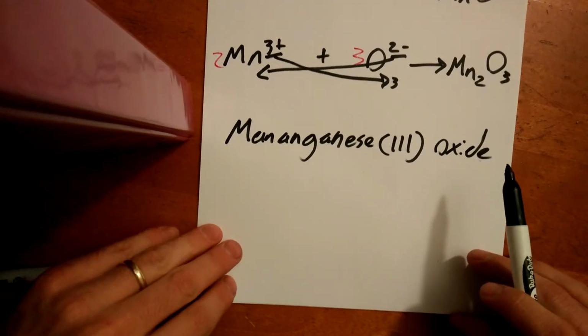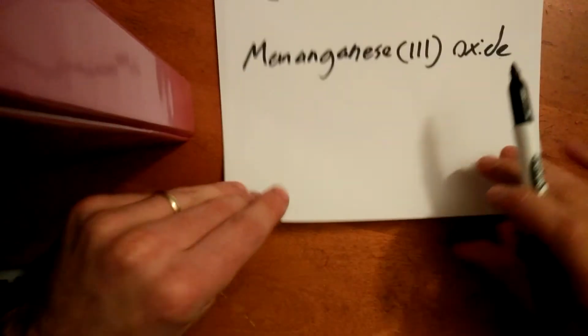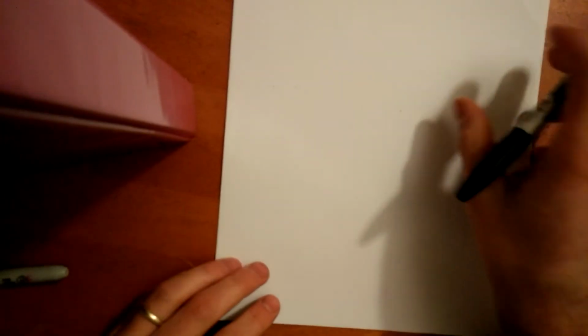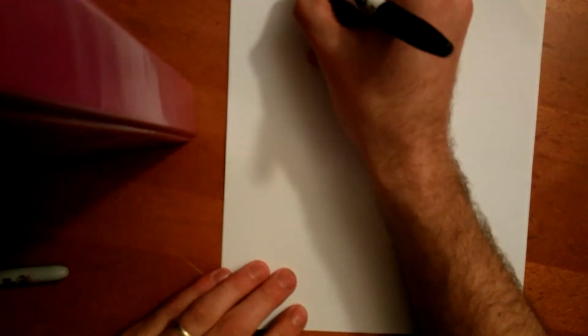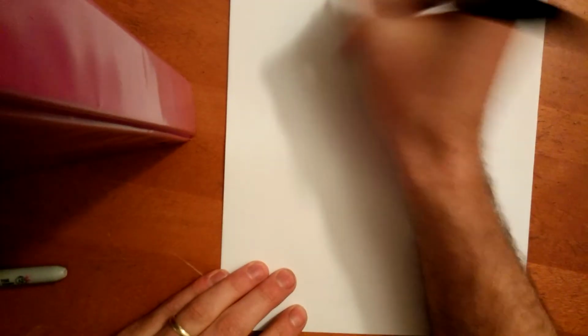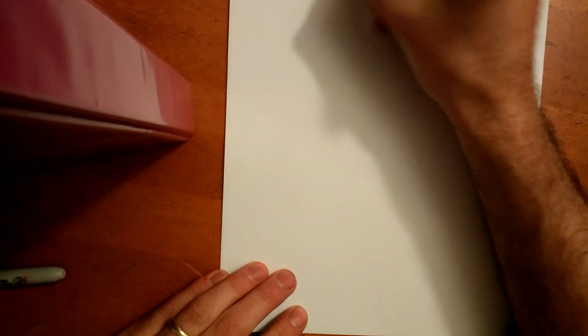If we have something a little more complex, let's say we had sulfate, and that's got a -1 charge, and we were mixing that with magnesium.